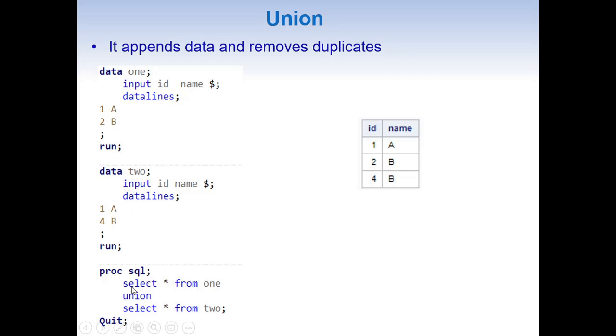But with union, it will not allow the duplicates, and you will have only 1A, 2B and 4B. Again, to sum it up, union appends data and also removes duplicates if there are any.